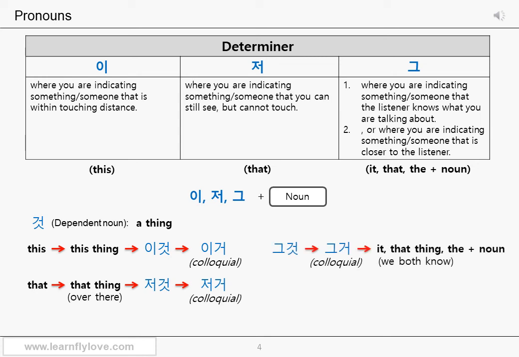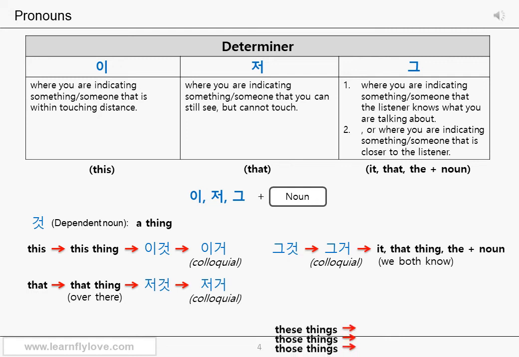The colloquial form is 그거, without the final 시옷 consonant. 그것 is used to indicate something you and the listener both already know what it is, something you've already mentioned earlier, or something which is closer to the listener than to you. 이것, 저것, 그것. Or, in spoken Korean, 이거, 저거, 그거.